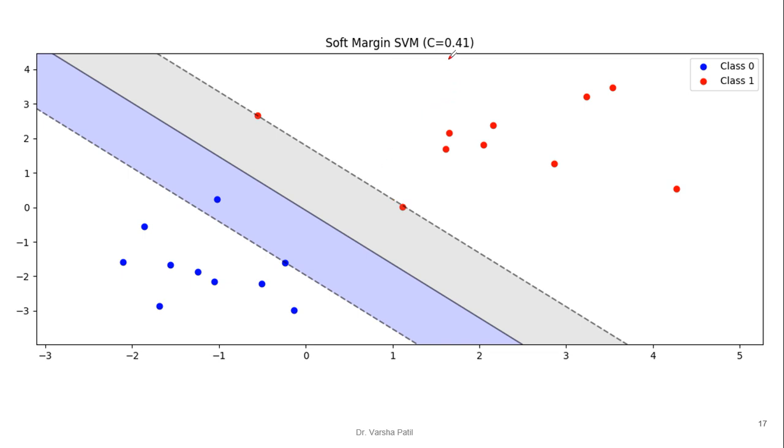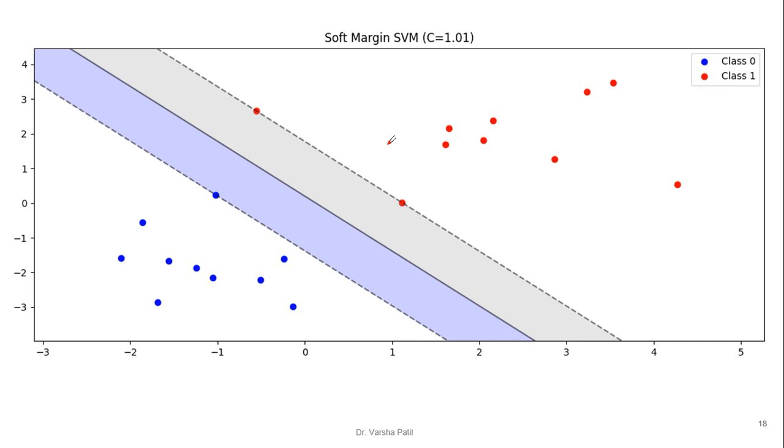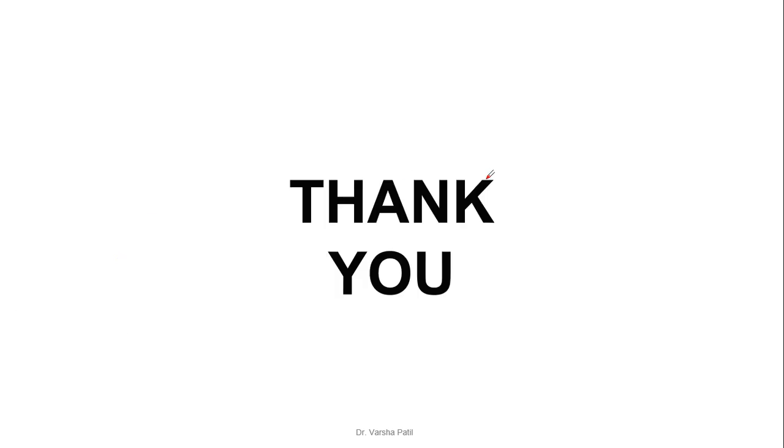When we increase C from 0.11 to 0.41, we are getting less misclassification error during the training, but the width reduces. And see 1.01, here we can see that the width is very small compared to our first C value. So as C increases, the margin decreases, but at the same time misclassification reduces. So this is all about the soft margin SVM.